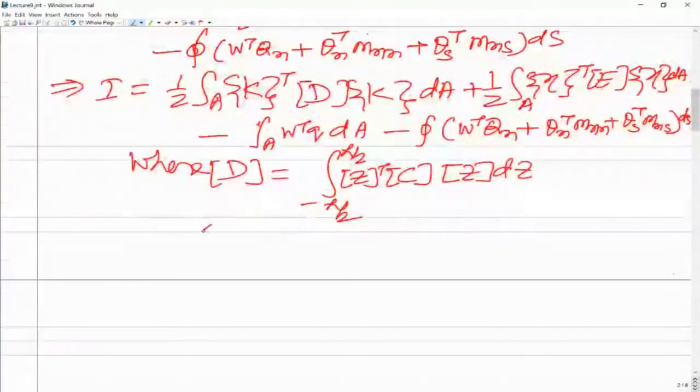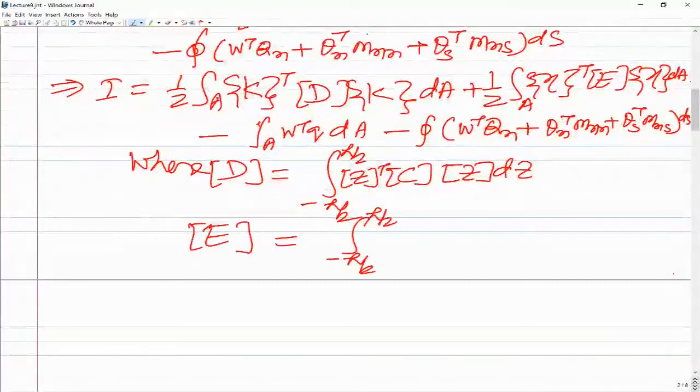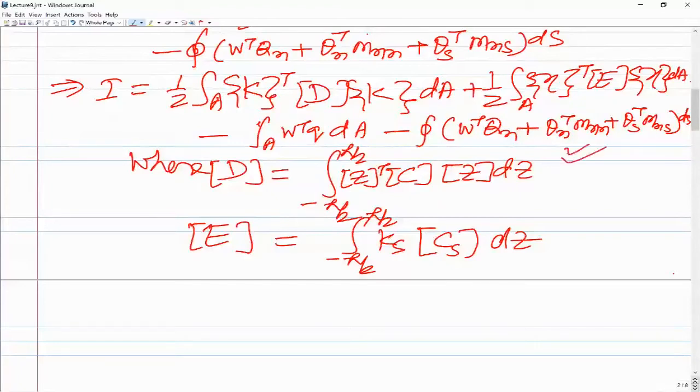Similarly, the matrix E which I have defined here is the integral from minus h by 2 to plus h by 2 of the shear correction factor Ks into Cs dz. So this integration will give you the matrix E. So finally this is the integral functional we have got, and you can now multiply and look at these integrations.